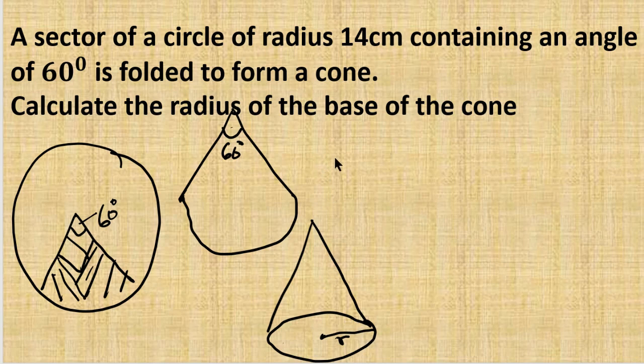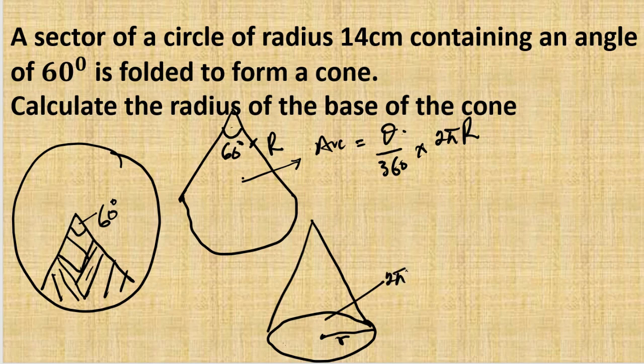The first thing is, what is the formula for the arc of this sector? Now, let's call the radius of this sector big R. So the formula for the arc of this sector here is given as theta over 360 times 2 pi R. That's the big R. Now, the length of the circle here, that is the circumference, is given as 2 pi r.